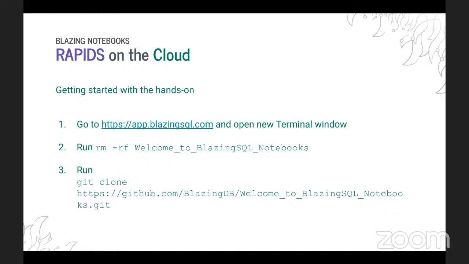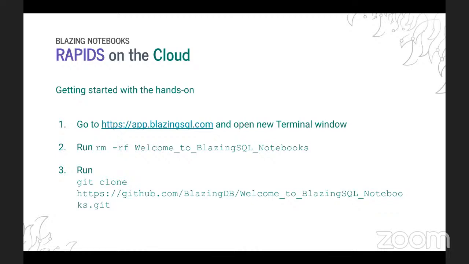If you attended any of our previous webinars or have used app.blazingsql.com before, you might want to wipe out the Welcome to BlazingSQL Notebooks folder first. We're going to go through that in a second, and then just git clone the repository again, so you have access to all the notebooks that we will go through today.